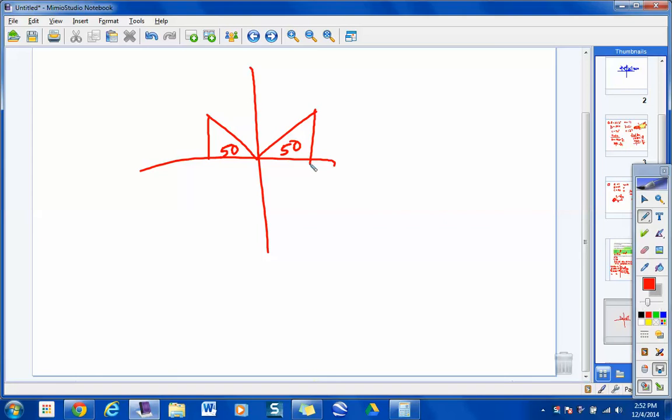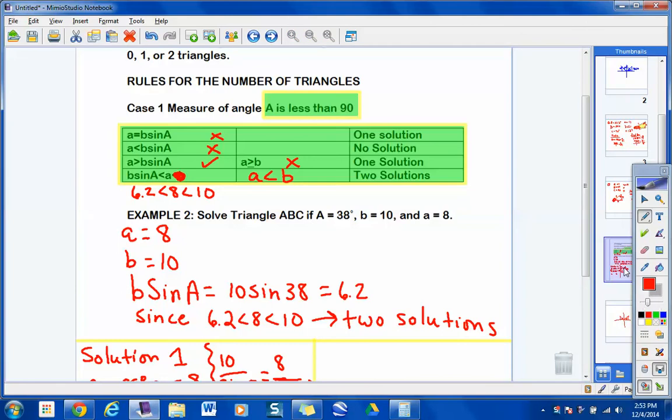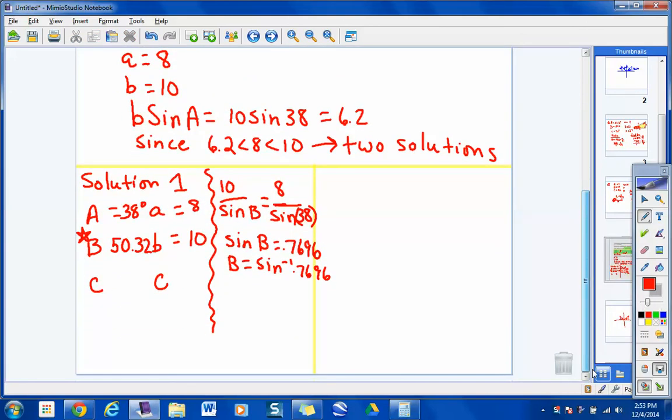You guys agree? But this angle is 50 measured from the x-axis. What's this angle over here going all the way around? How many degrees would that be? 130, wouldn't it? So I'll show you how to get that other angle, but keep that first angle in mind, because we said how many solutions to this triangle? 2. All right, so here we are. Guys, do I have enough information to solve for side C now?